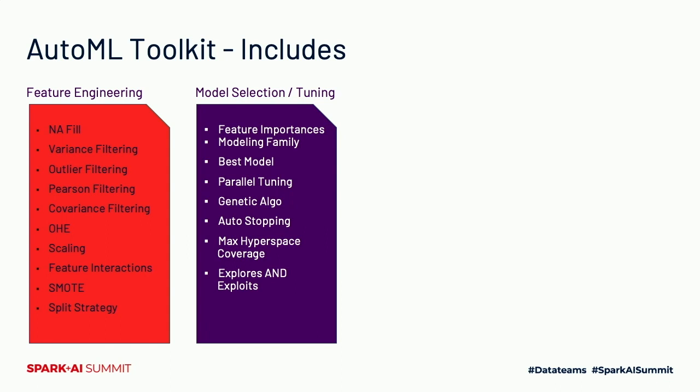What would AutoML be without some model selection and model tuning? So obviously that's included, and Ben's going to talk us through some of that in a few moments. But basically, this is the progression of model selection, tuning, and some of the extra features that are in there. This model selection process also allows you to employ really great features like auto stopping to save you some money and time when you're training your models.